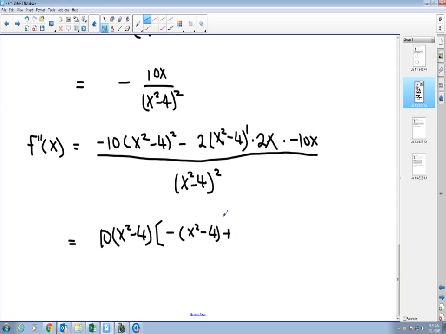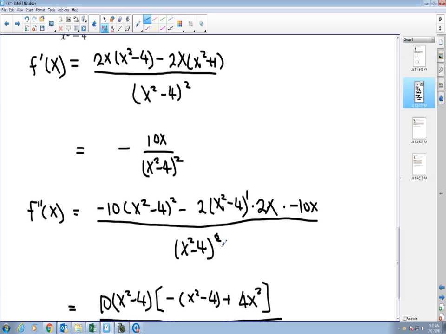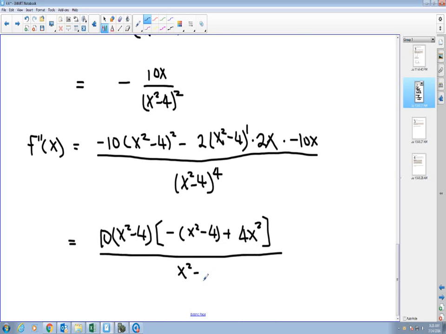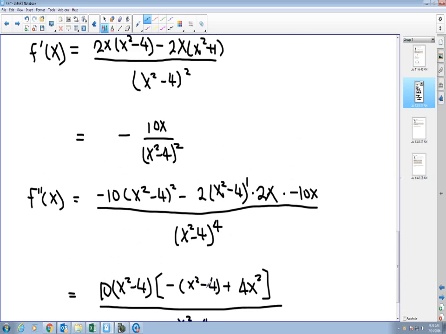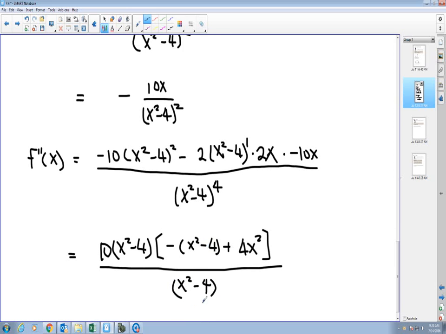this negative makes a positive here. Take out the 10, so that will be 2 times 2 is 4. x times that x is x squared. Take this thing outside, so that'll be 4x squared here. Oh, I'm sorry, squared again will be the fourth power here. Make sure it's x squared minus 4.